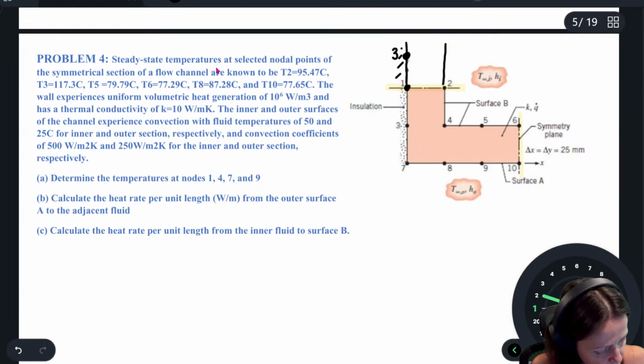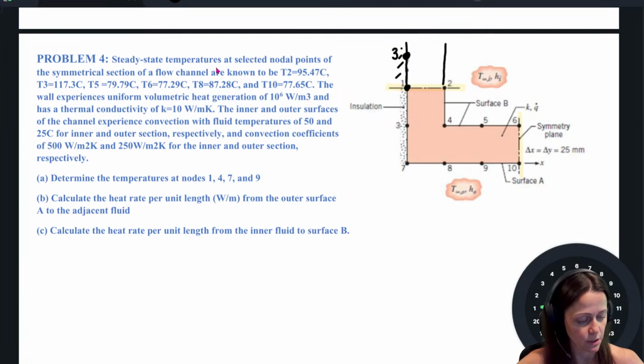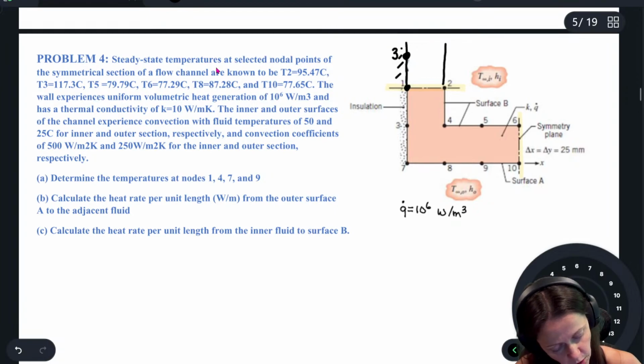So we do have internal energy. We have volumetric, we have a q dot, so I will write that. Our q dot is 1 million watts per meter cubed.